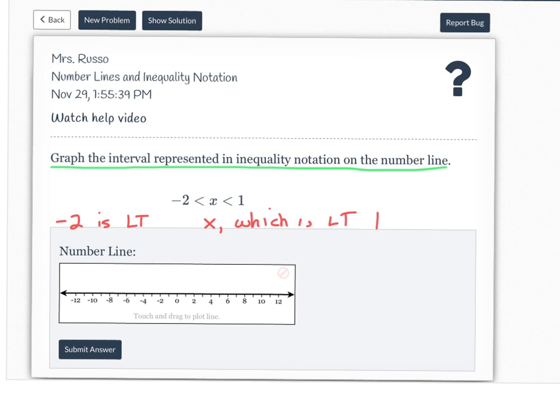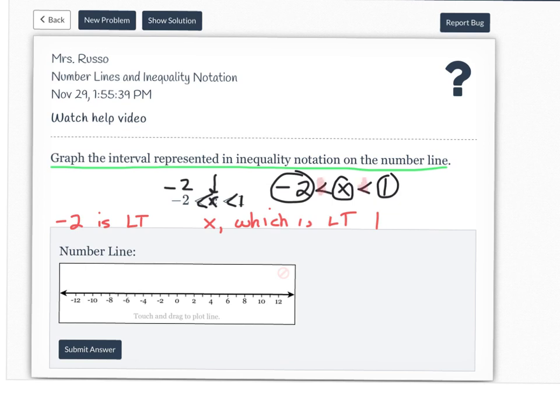It's kind of weird how we read this. If we read it from the inside out, that's saying x is greater than -2 and at the same time less than 1. So that does read correctly. We write that -2 less than x less than 1. And again, the important thing, the x is in the middle, lower number, higher number, and those symbols will be less thans every time.